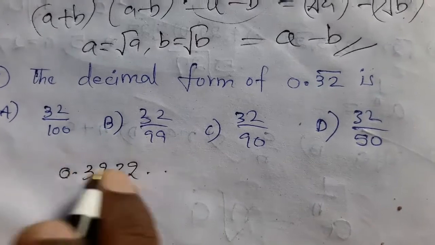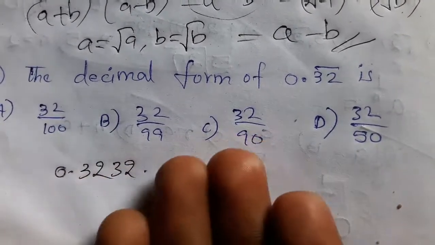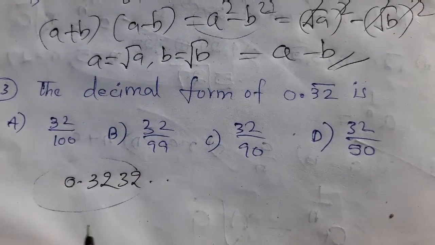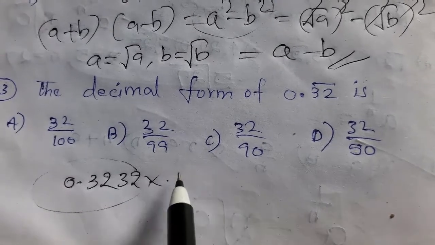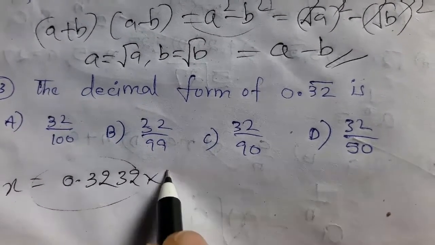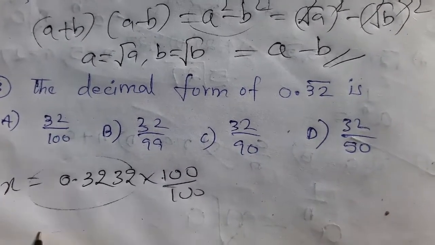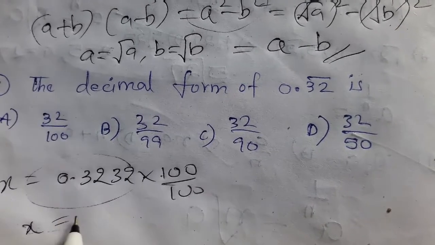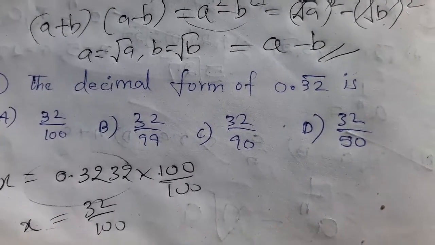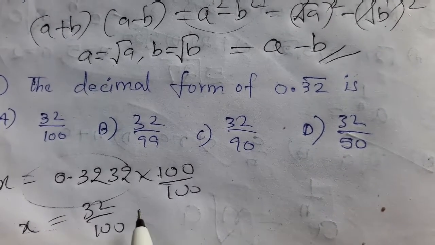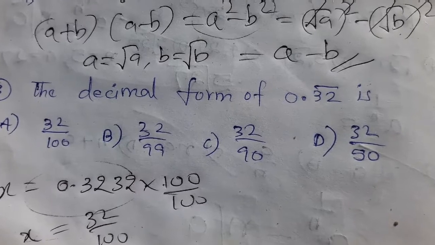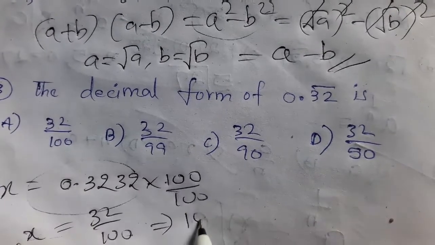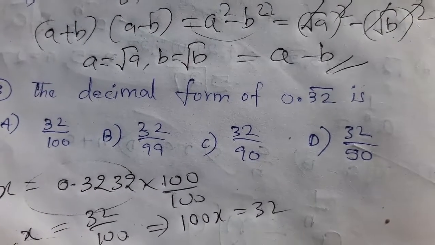Let this be x, and multiply and divide with 100, so this becomes 32 by 100. Now send this 100 to this side, that becomes 100x equals 32.